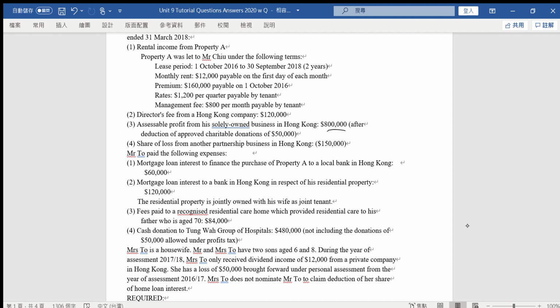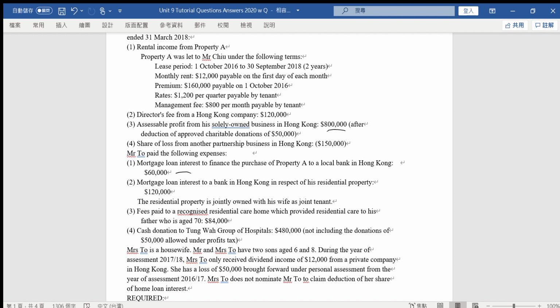For property A being rented out, the mortgage interest is 60,000, and that should be allowed to deduct under the personal assessment. And then the mortgage loan interest related to his residential property is another one that can claim the deduction under the home loan interest concession.